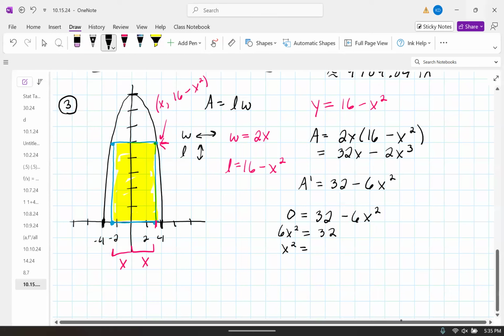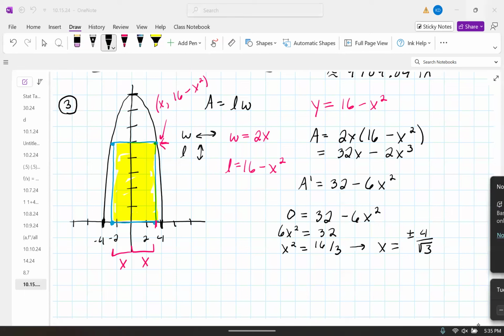X squared equals a yucky number, 16 over 3. Take the square root of that. X equals plus or minus 4 over root 3. So square root of 16 is 4, square root of 3 is root 3.